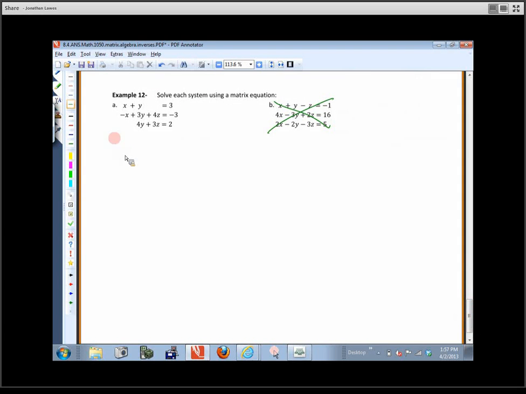We're going to write down the matrix equation. So the matrix equation would be, we write down the coefficient matrix, 1, 1, 0, negative 1, 3, 4, 0, 4, 3. What's the variable matrix in this case? X, Y, and Z. And then the answer column is 3, negative 3, and 2.